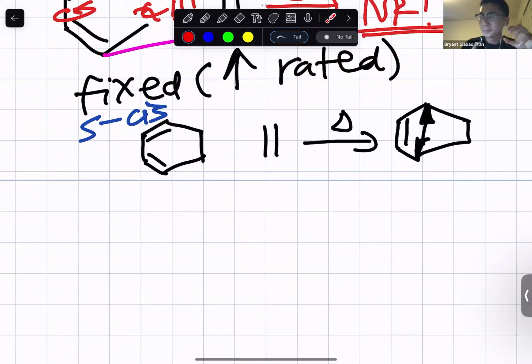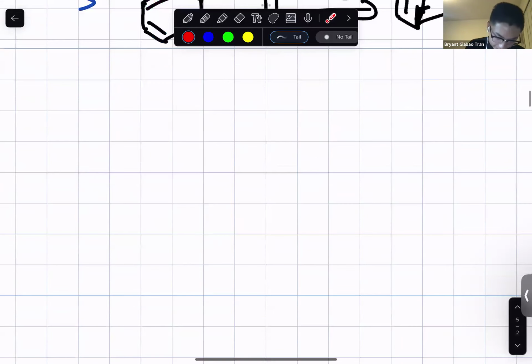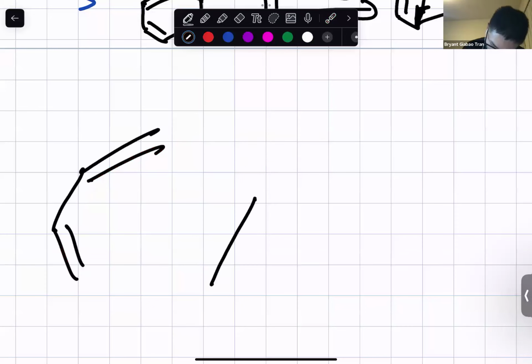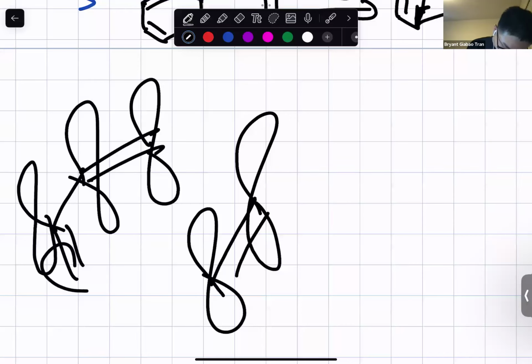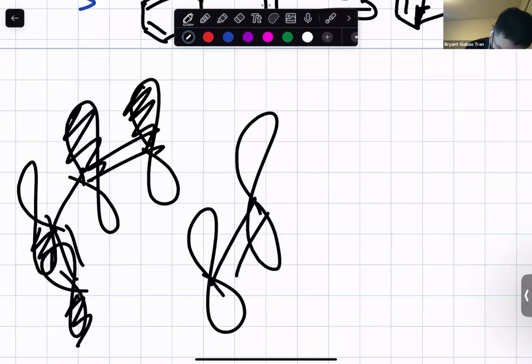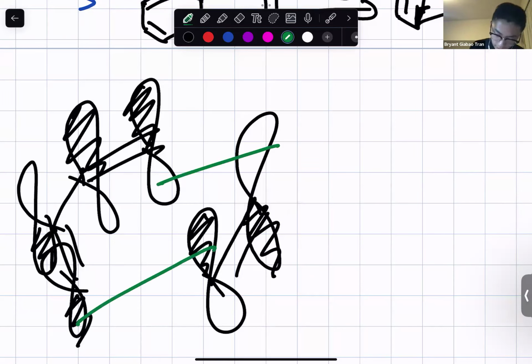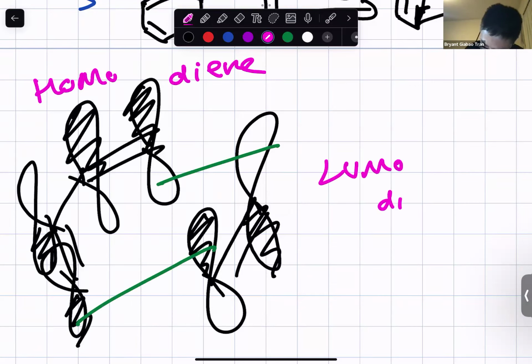But where the orbitals overlap, the reason why that happens is because the HOMO of the diene overlaps with the LUMO of the dienophile. This is the HOMO of the diene, LUMO of the dienophile.